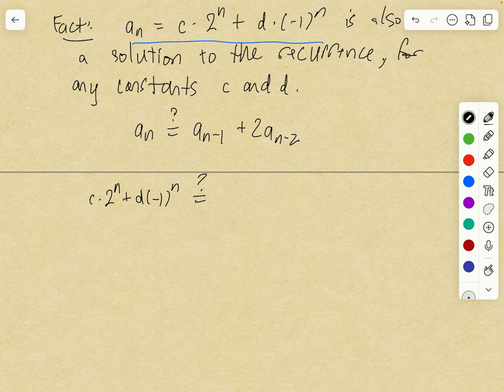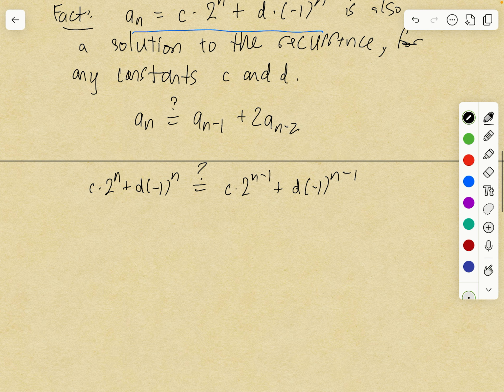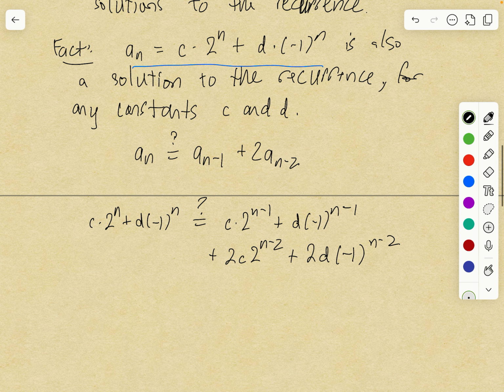The right side is c times 2 to the n minus 1 plus d times negative 1 to the n minus 1, plus 2 times a_{n-2}, which is c times 2 to the n minus 2 plus 2 times d times negative 1 to the n minus 2.